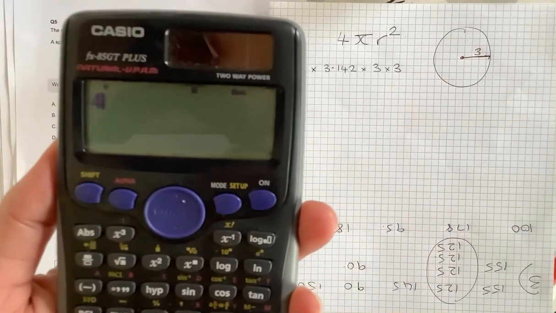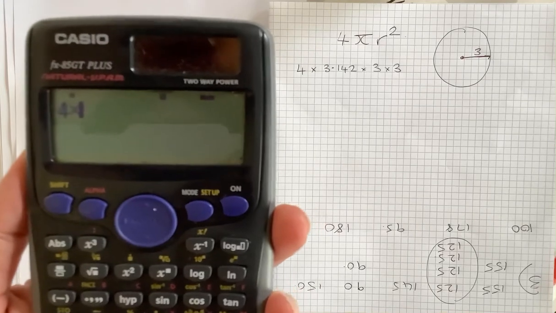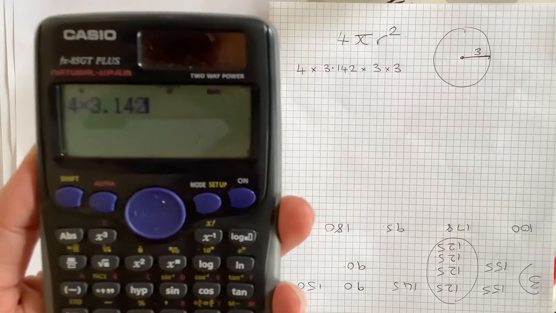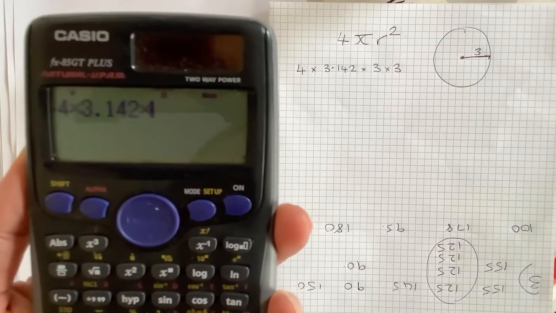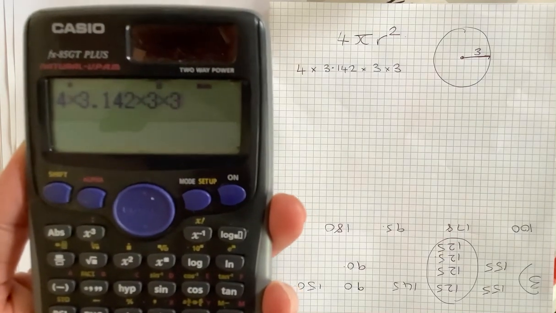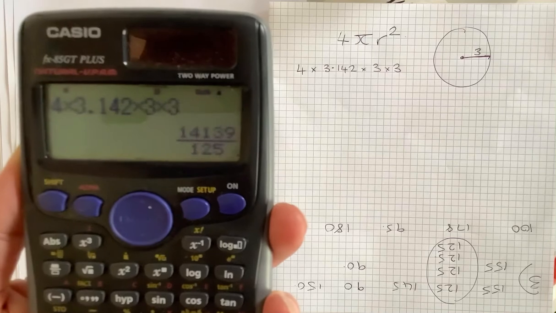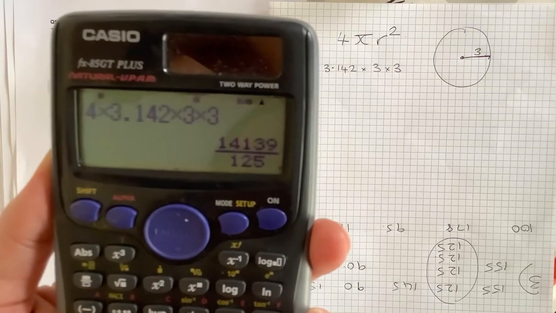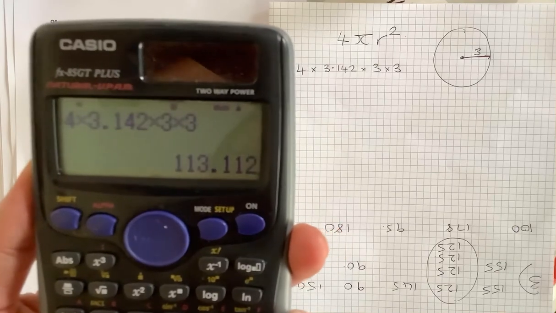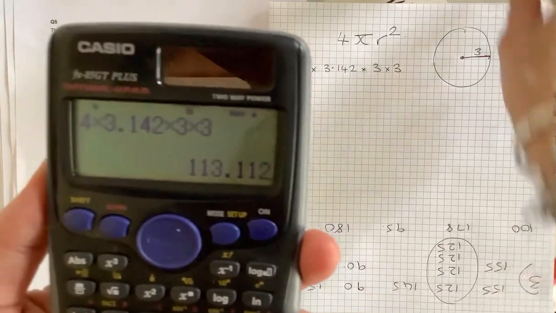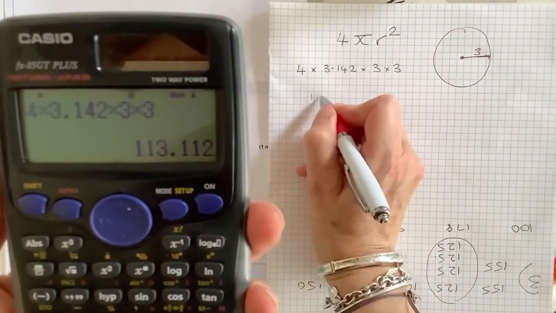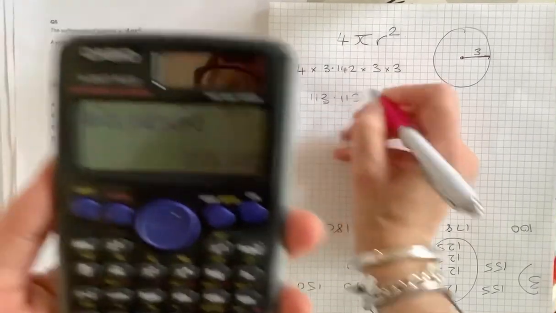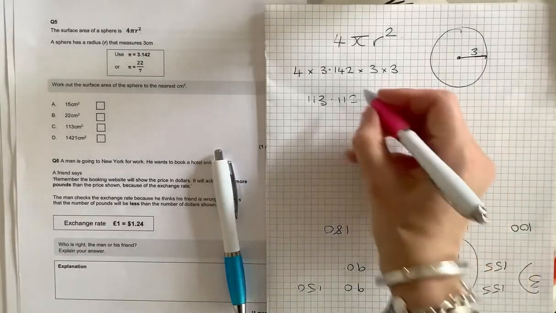So we've got 4 times 3.142 times 3 times 3. See, I could have just done that times 9, couldn't I? Equals. So we've got it in a fraction form, so I'm going to turn it to standard decimal. Okay, I've got 113.112.